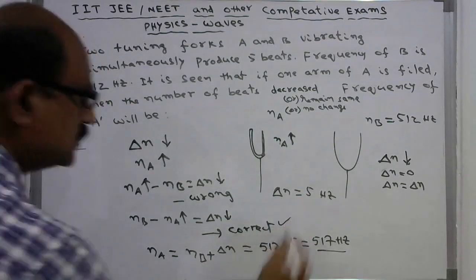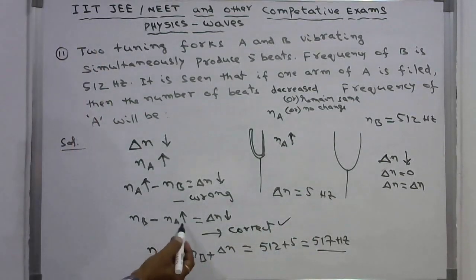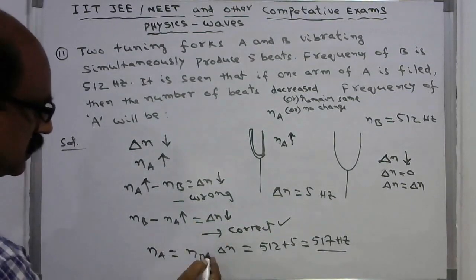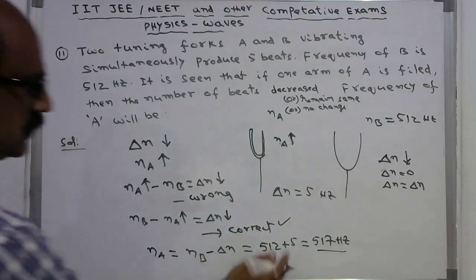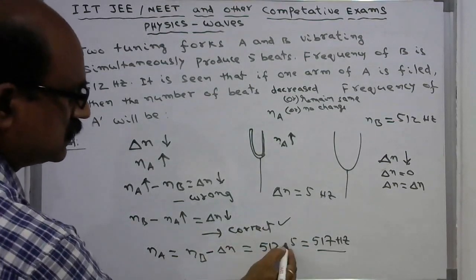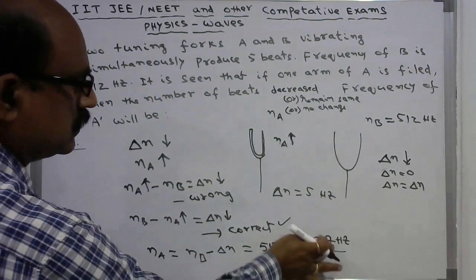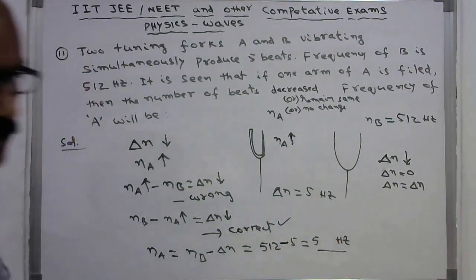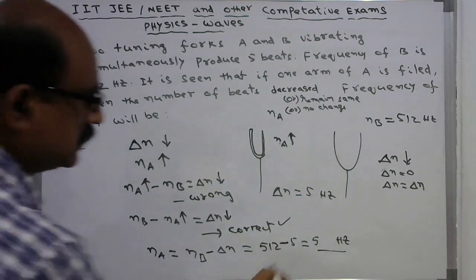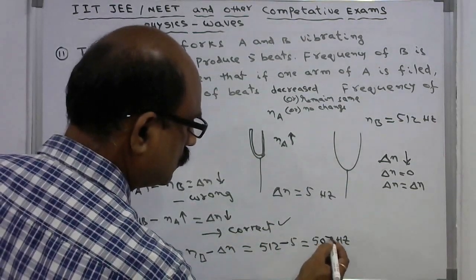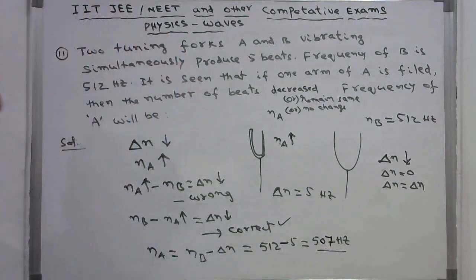So you have to take this equation. NA is equal to NB minus delta N. So we have to write down here it is minus. So this becomes how much? 507 Hz.